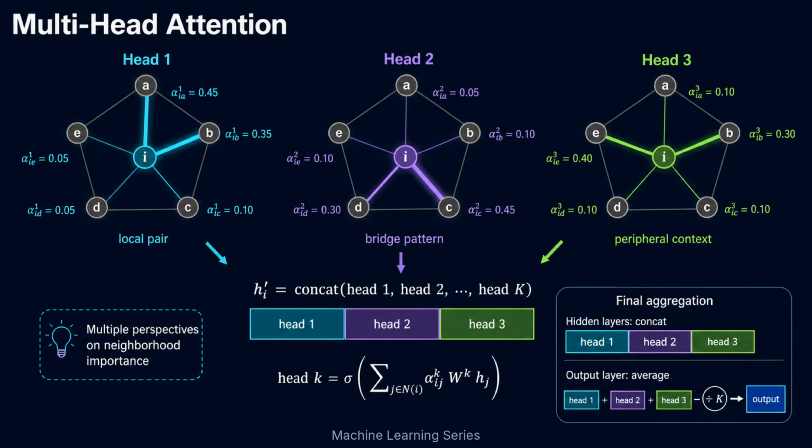The final representation is the concatenation over all heads of the attention-weighted aggregation. For the final layer, we typically average instead of concatenate to maintain the output dimension. Why multiple heads? One head might learn to focus on structurally similar neighbors, while another focuses on feature-similar neighbors. This diversity leads to richer representations.